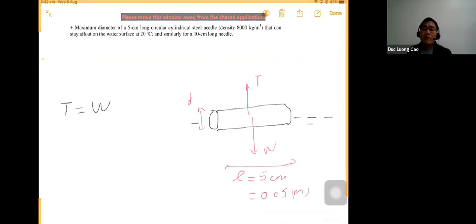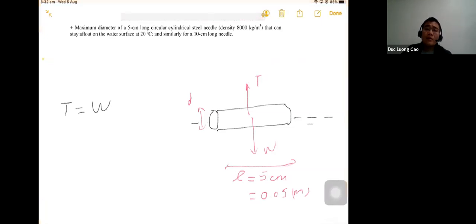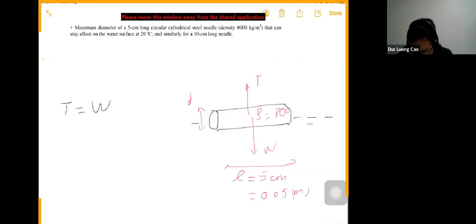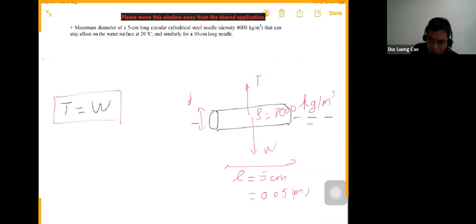Remember that in fluid mechanics, you have to change to SI unit, and the SI unit of length is meter, not centimeter. And you have the density of the needle is 8,000 kilogram per meter cube. So this needle afloat on water surface if surface tension force equal to the weight of the needle.